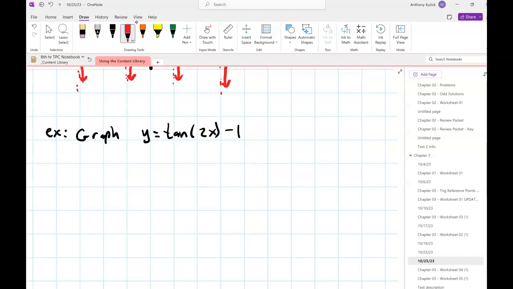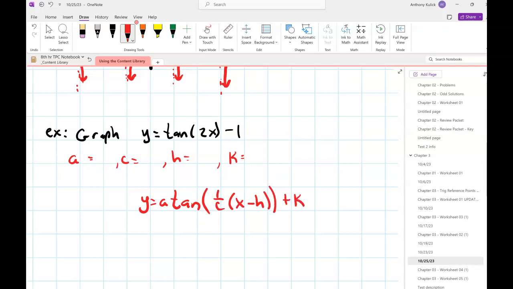So the first thing I want to do is identify the A, C, H, and K. And I remember to do that, I have to write my function in that general transformation form.